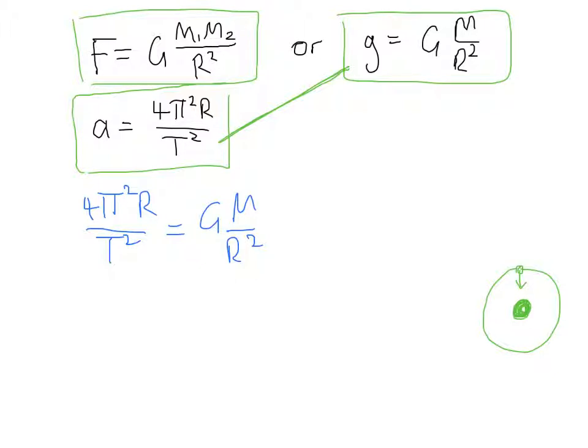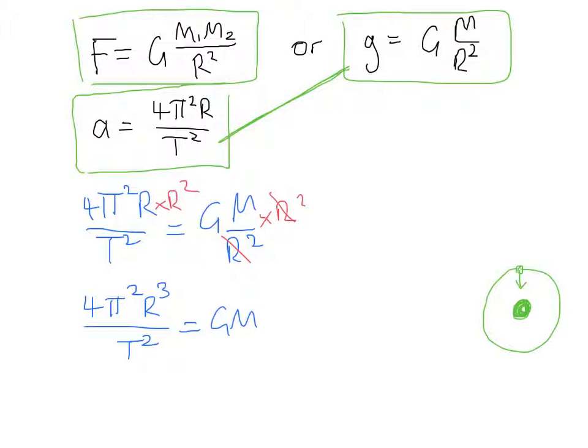That will cancel this down and give us an equation of 4 pi squared r cubed all over t squared, which is equal to GM.